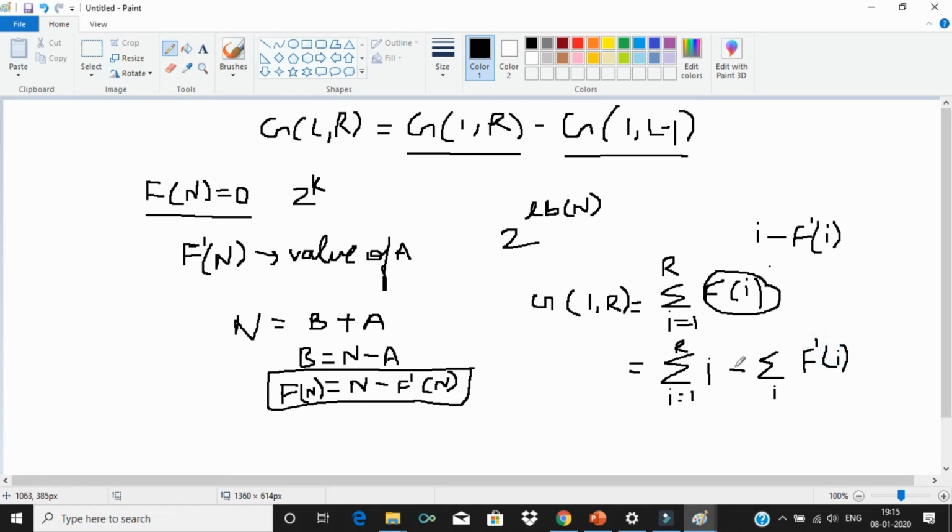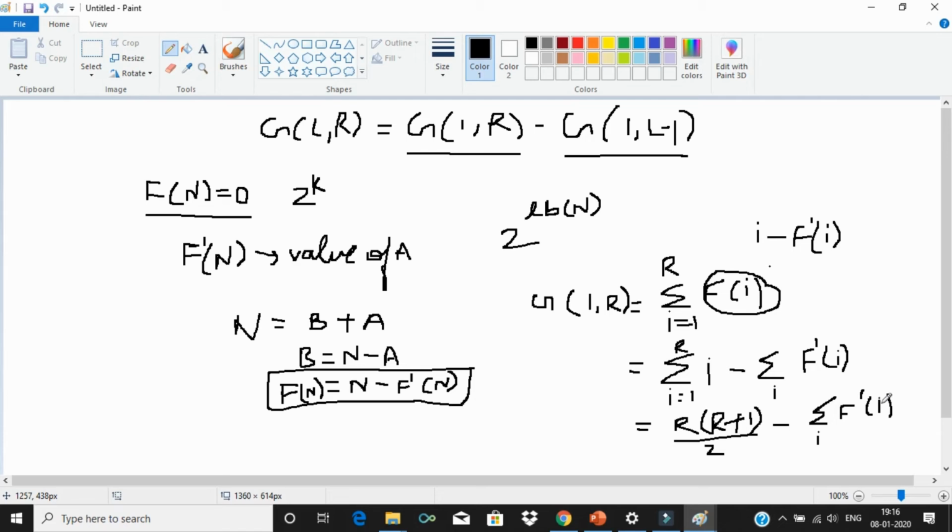So the first value is nothing but going to be the sum of all natural numbers up to R. It will be R into R plus 1, divided by 2, and all that we have to compute for now is this value, that f dash of i for all i's, right?